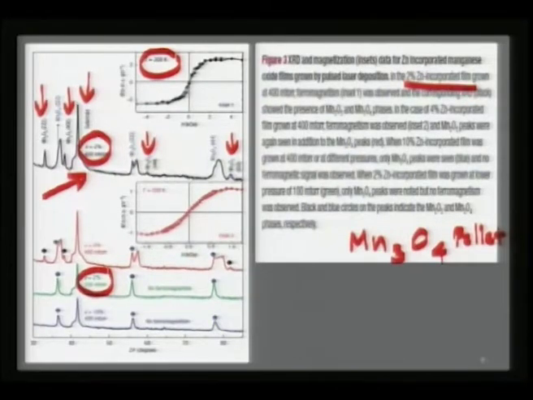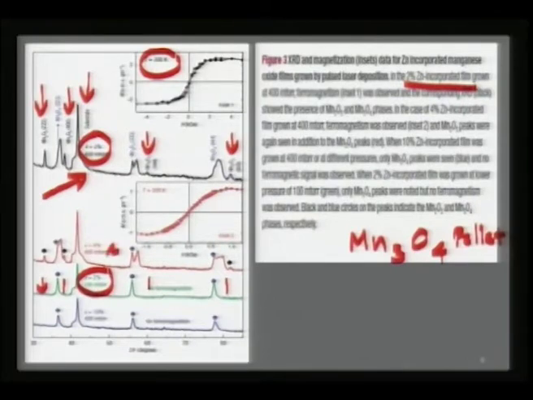Now you can see here I am not able to observe any Mn2O3. When I deposit these films at 100 millitorr, that is at low partial pressure of oxygen, there is no Mn2O3.